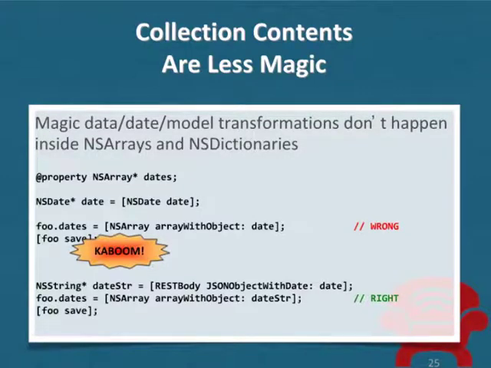And that works fine. The converse of this, of course, is that if you're accessing a property whose value is an array and you're expecting to find NSDates or NSData objects inside of it, that's not going to work. So instead, you're going to find strings whose values are date format strings or base64 encoded data. And again, you'll need to use these convenience methods on RESTBody to decode them for you.